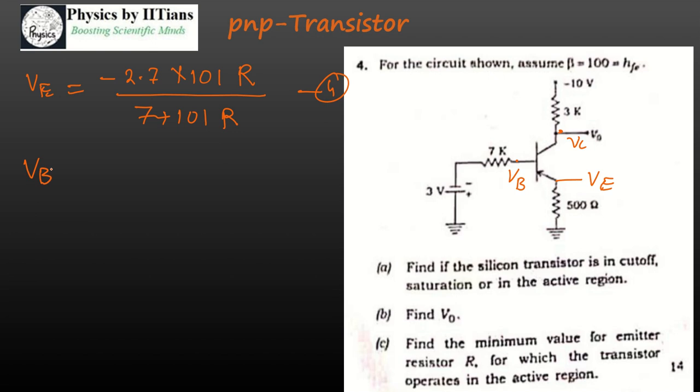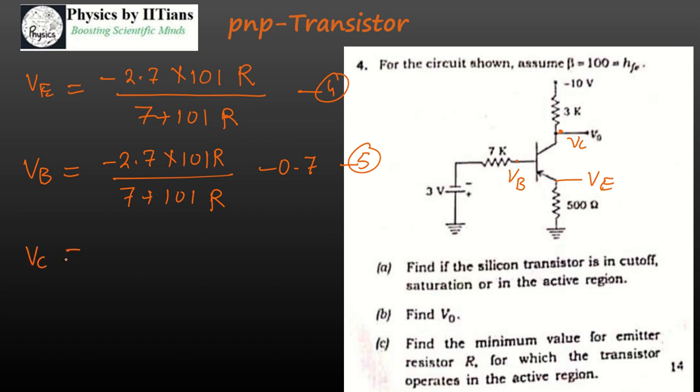Similarly, for VB, you just have to subtract 0.7 from this equation because of the silicon transistor. So it is negative 2.7 times 101 R over 7 plus 101 R, minus 0.7. So this is the fifth equation.